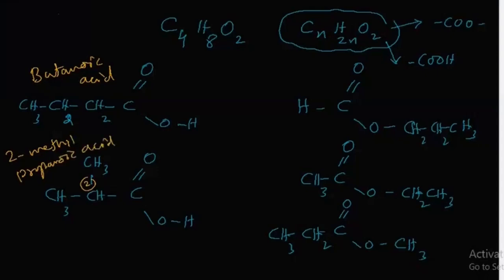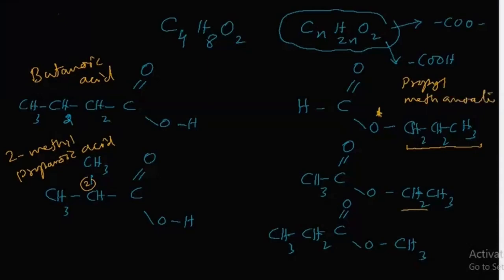And this is an ester, so the name of the ester starts from here. The alkyl group attached to the single bonded oxygen is from the alcohol, and this part is from the carboxylic acid. You can see this is propyl, and this part contains one carbon, so this is propyl methanoate.